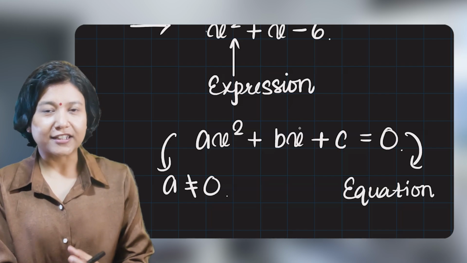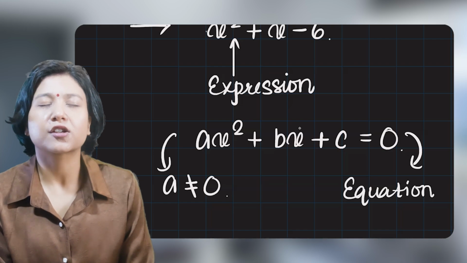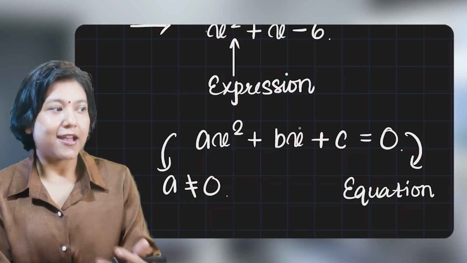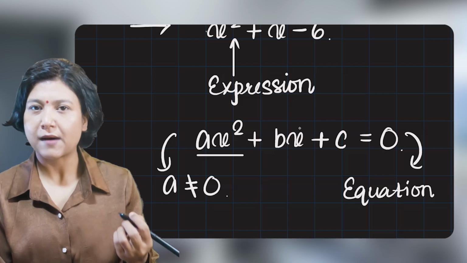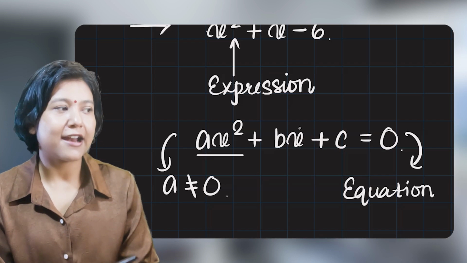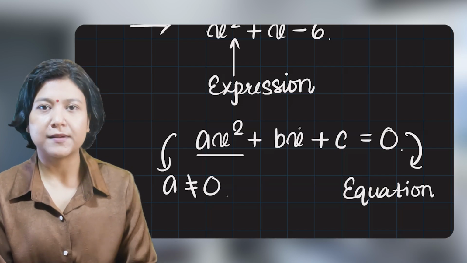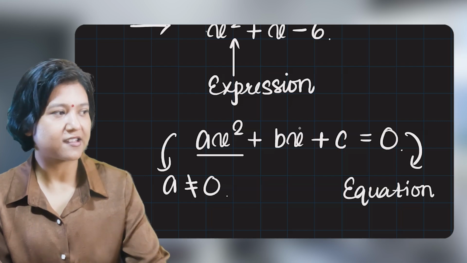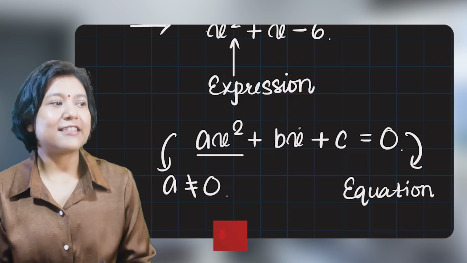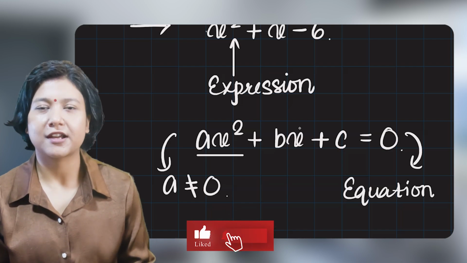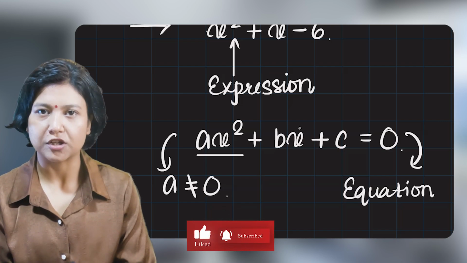So the characteristic of a quadratic equation is the presence of the x squared term, the highest power term, and that term should never be multiplied with 0. This value of a has to be a non-zero number. And that is the simplest way you can understand what a quadratic equation is.